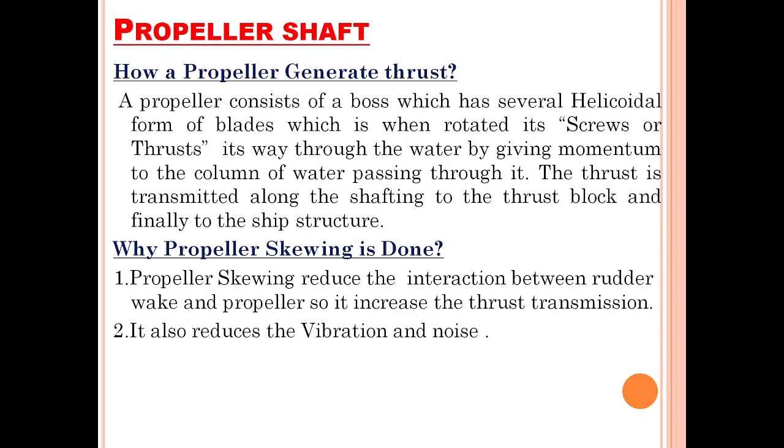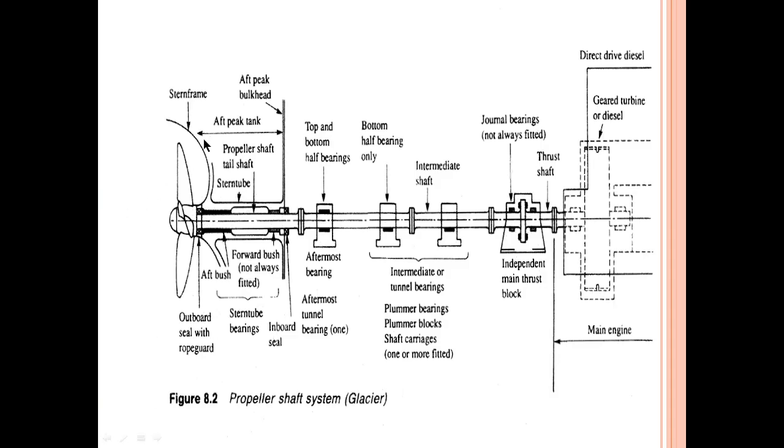So what I mean is that as the propeller shaft is rotating, it will generate momentum. That momentum will generate the thrust which will be transmitted from the propeller to the thrust block, and this thrust block will transmit the thrust to the ship structure, which will ultimately cause the whole ship to move in the ahead direction.